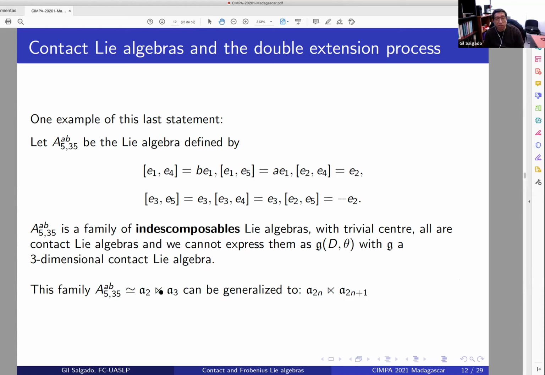And this kind of Lie algebras can be easily generalized to this kind of Lie algebras, and fixing suitable parameters, we can prove exactly the same property. They are indecomposable, with trivial center, and we cannot express them as double extensions of codimension 2 contact Lie algebras.